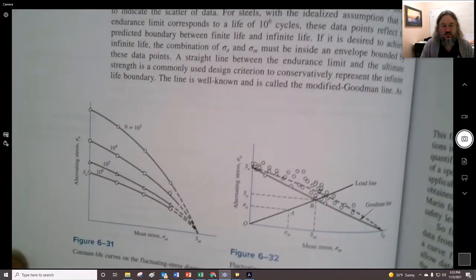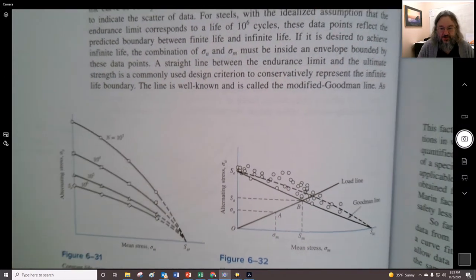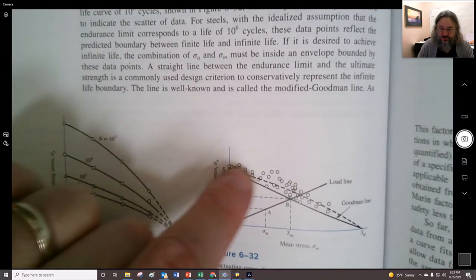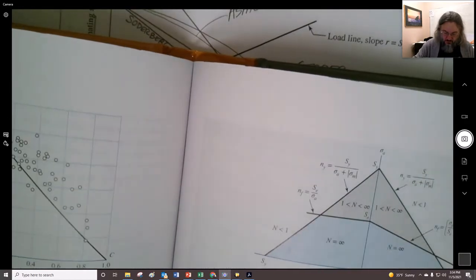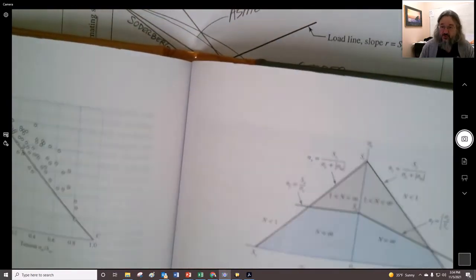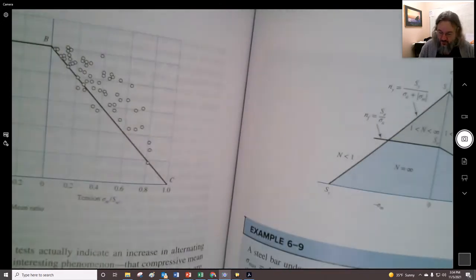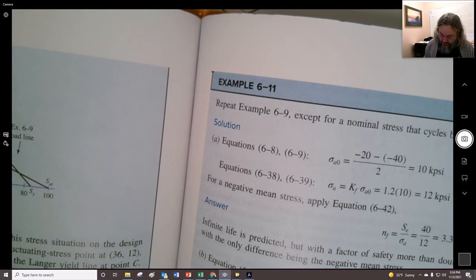So there is some of those descriptions right in there, and some of that cloud of data, and you can get that kind of idea. They do have a whole bunch of other kinds of curves and things that you might want to read about, but I'm not covering.